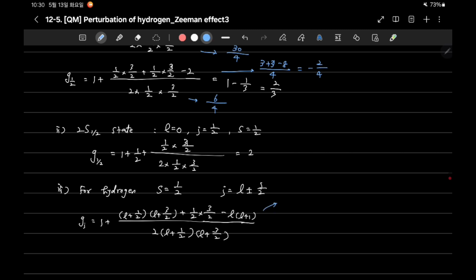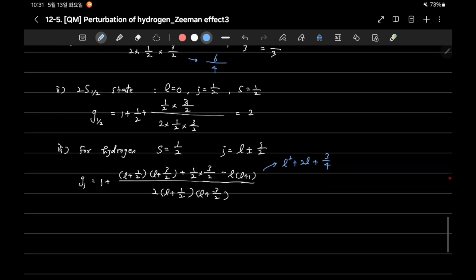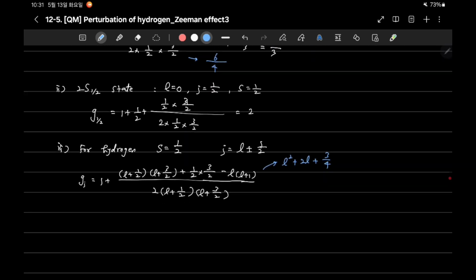Then in this numerator, we have L² + 2L + 3/4, and minus 3/4 minus L² minus L. So these cancel with each other, and the L² also cancels, so it is L plus 3/2.